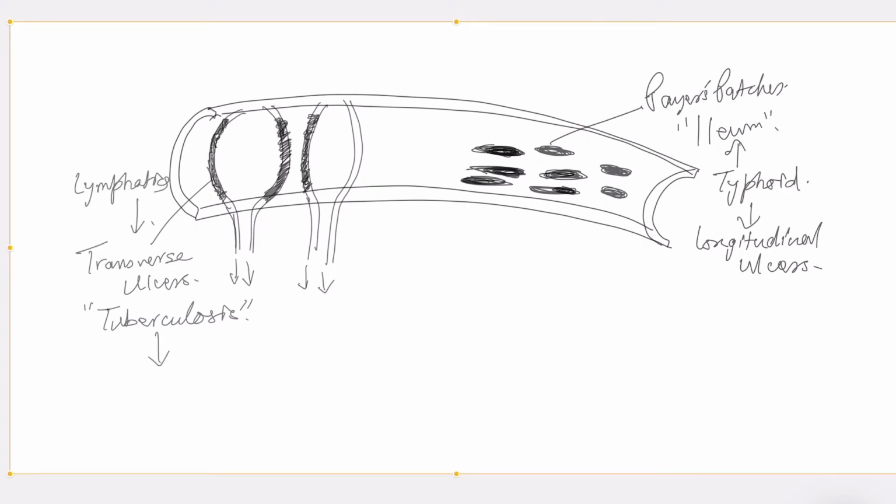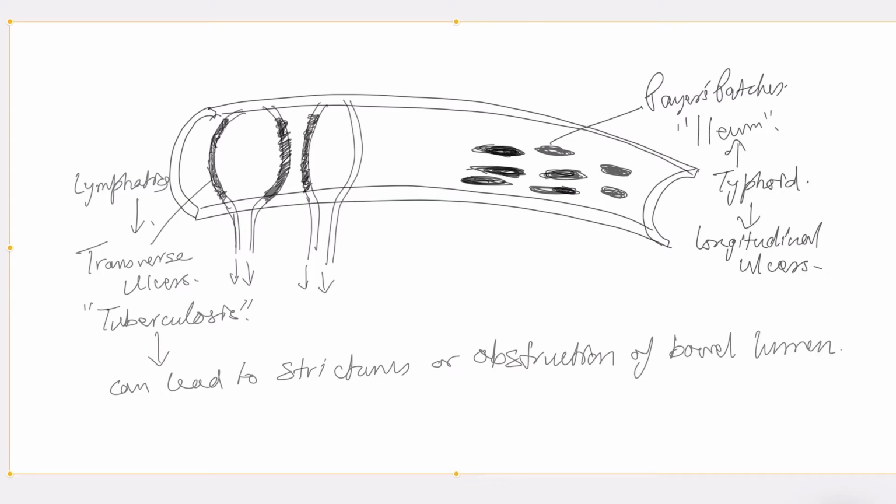Now another thing is, because of healing, later on there will be contraction or scarring tissue which shrinks, and because this is a transverse ulcer, when it shrinks after healing, it can lead to obstruction.